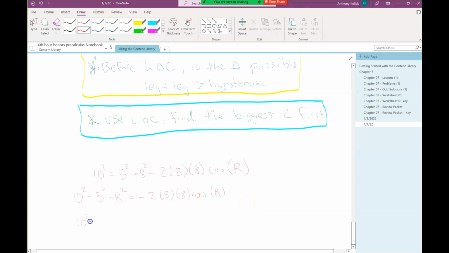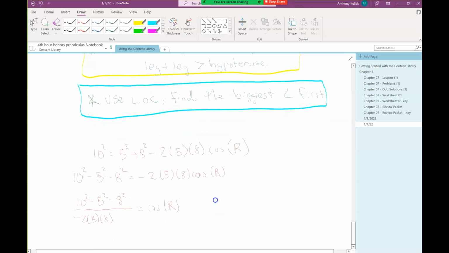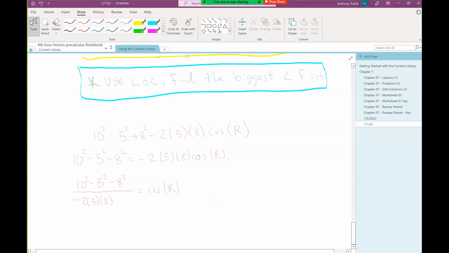So to move that over, we have to divide. Don't drop your negative sign. That also happens rather frequently. And then we'll do the cosine inverse of both sides. Drake, this was the situation I think you were asking about, right? Yeah.